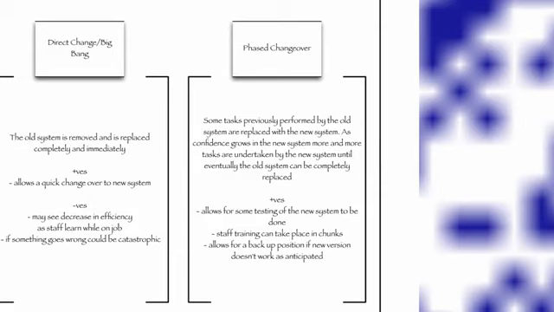This allows some testing of the new system to be done, a gradual increase of the changeover. The staff training can take place in chunks and allows for a backup position if the new version doesn't work as anticipated. So because it's phased, it's a bit better in some respects.